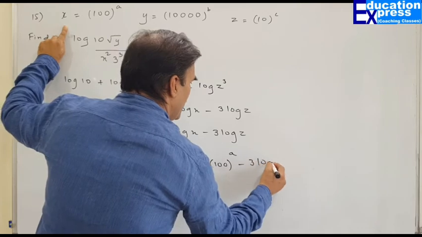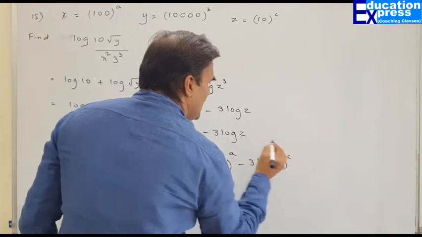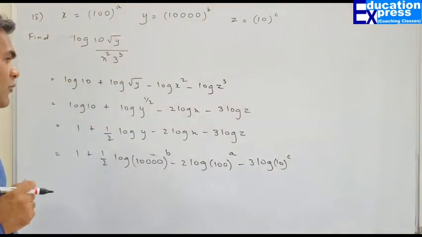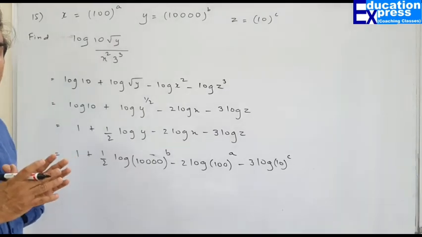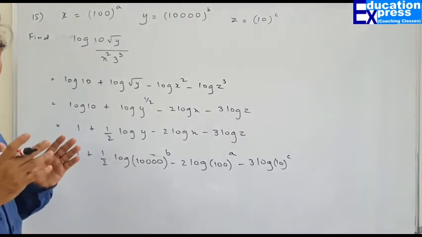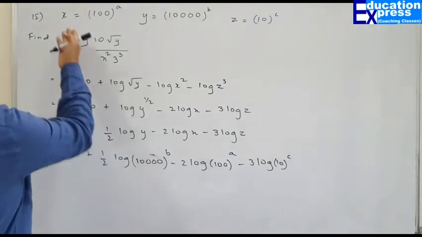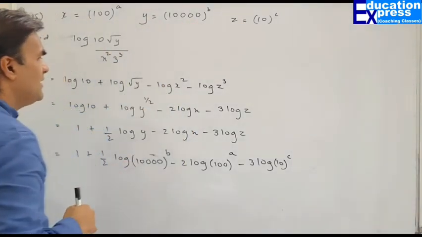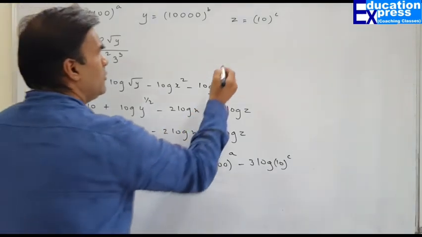Minus 3 log of z, 10 raised to c. I hope you remember in the beginning only I told you, logarithm has been manifested to solve complex question in the easiest manner. Imagine the value of x was given to us this complex, yet logarithm make it look so simple. See how we go about.